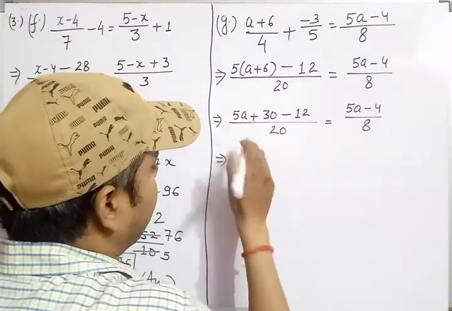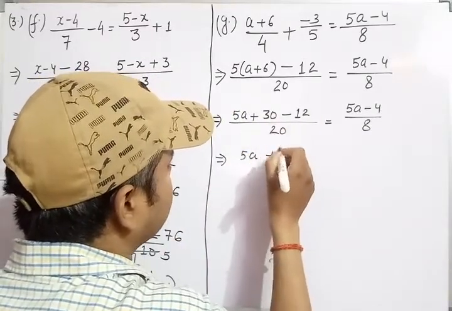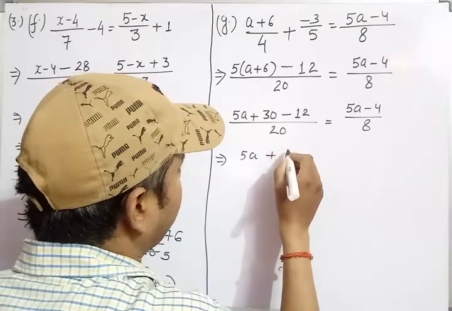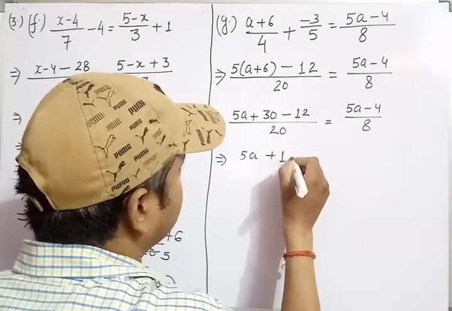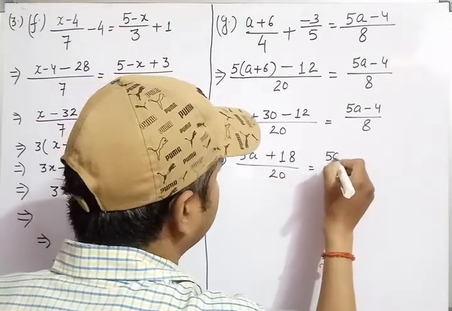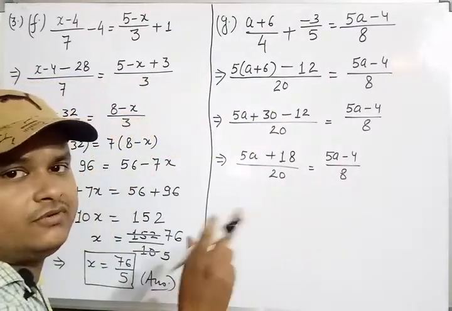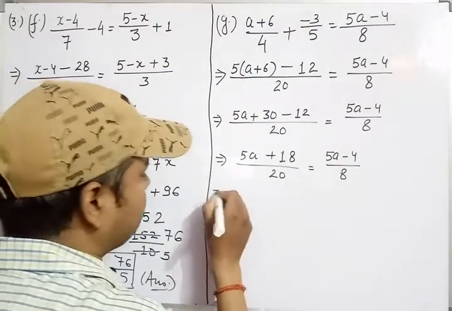And student, 5a plus 30 minus 12 means 18 upon 20 is equal to 5a minus 4 upon 8. So student, this is the time we have to apply the cross multiplication method.